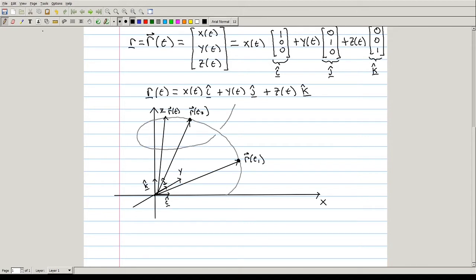So we'll start with a relatively basic example and then move on to some more complicated examples a little bit later on in the lecture.